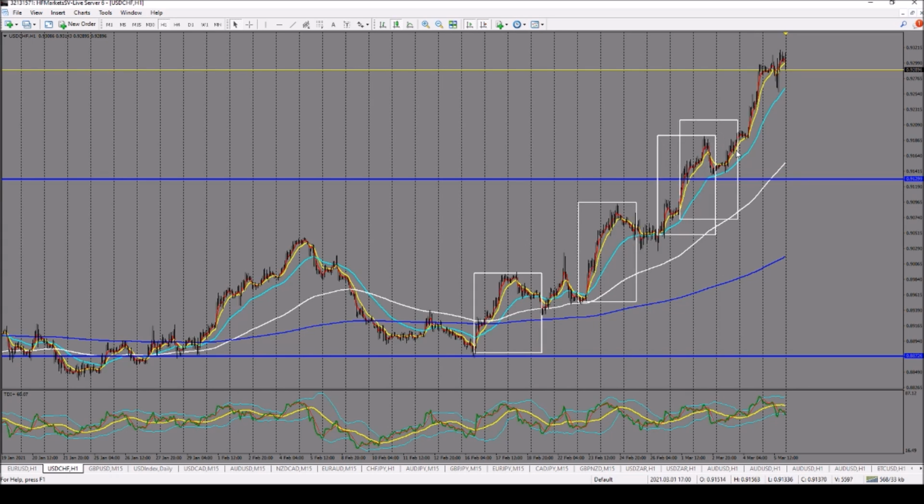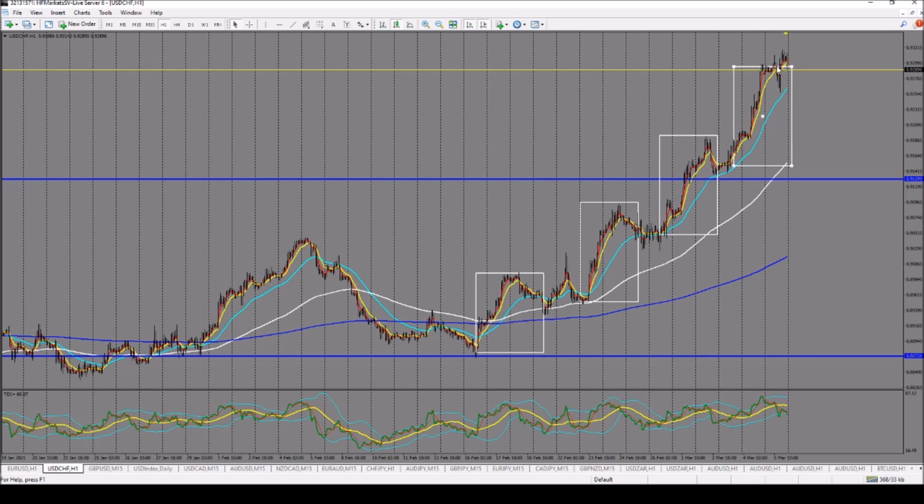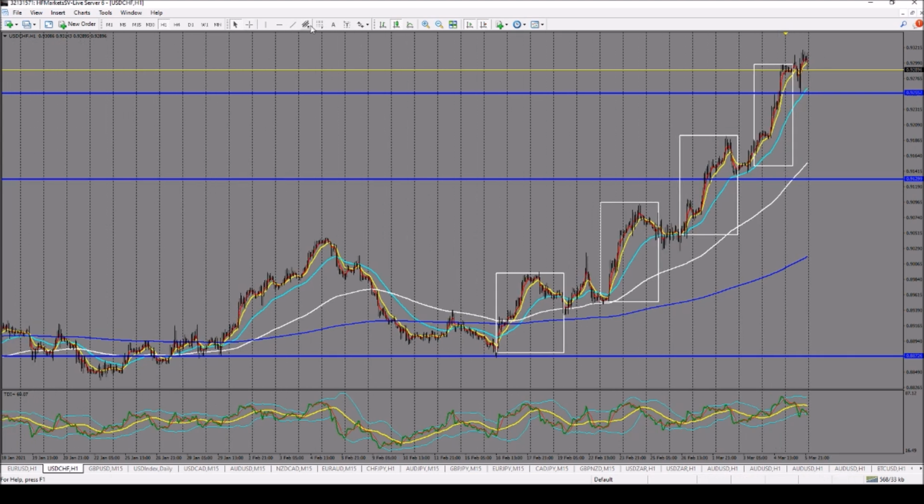Then we had an impulse rise, after which I anticipate to see a pullback to these levels again, so that I would find an entry point to keep going up.